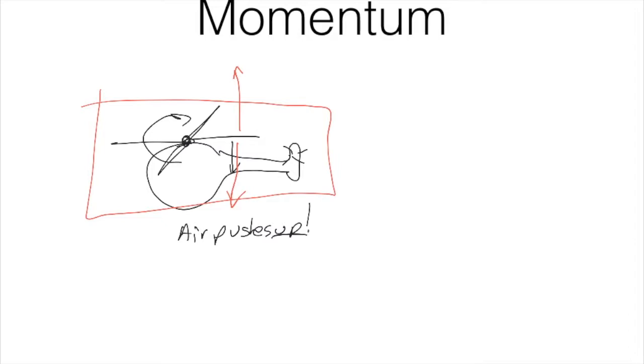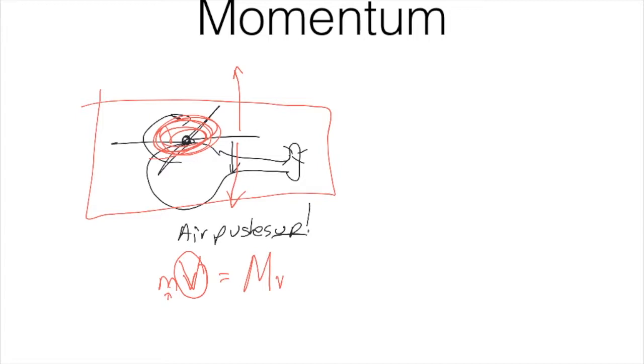That's why your rotor has to spin really, really fast, because you've got to get those propellers to push a lot of air down. Because momentum is mass times velocity, the air going downwards will have a very big velocity because it has a very small mass. The helicopter has a very big mass, and so it will have a very small velocity going upwards. But putting those things together, the small mass, big velocity of the air needs to equal the big mass, small velocity of the helicopter.